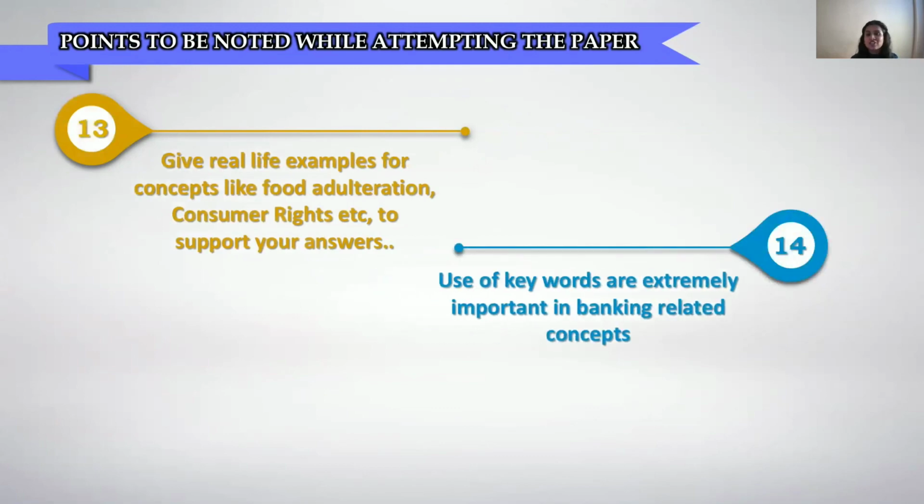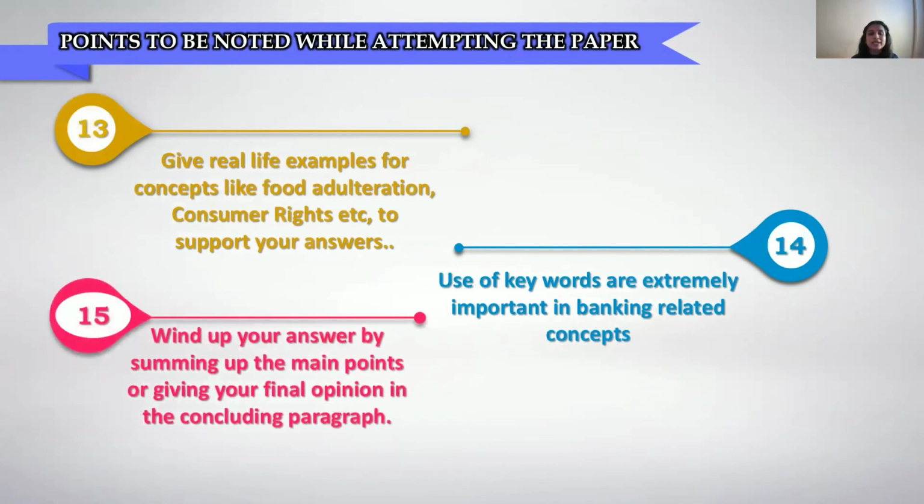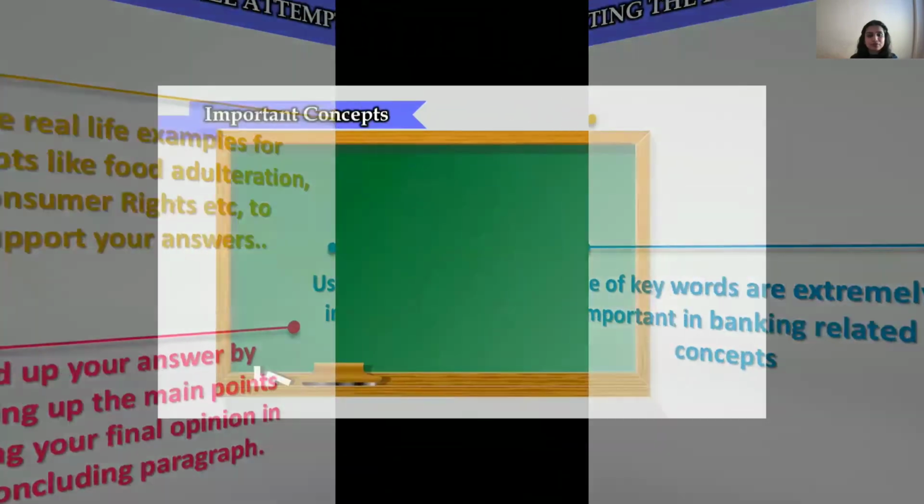Use of keywords is extremely important in banking-related concepts. Wind up your answer by summing up the main points or giving your final opinion in a concluding paragraph. This is especially so where a question expects you to write an opinion of your own.